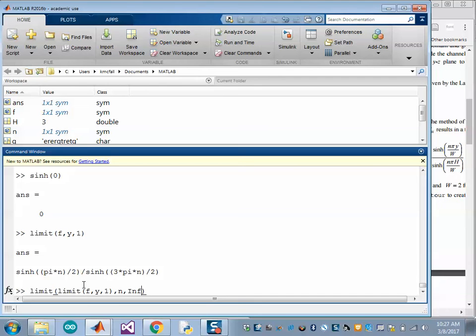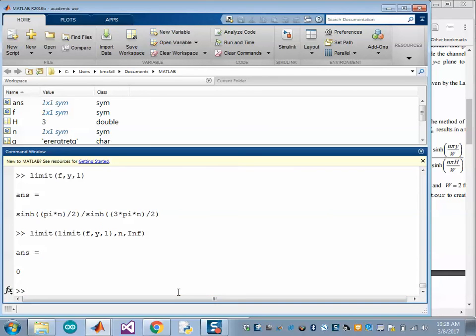So notice what I did: first I'm taking the limit as y approaches 1. Then the result of that, which is this thing right here, I'm going to take the limit of as n approaches infinity and let's see what happens. As it turns out, that's also 0.